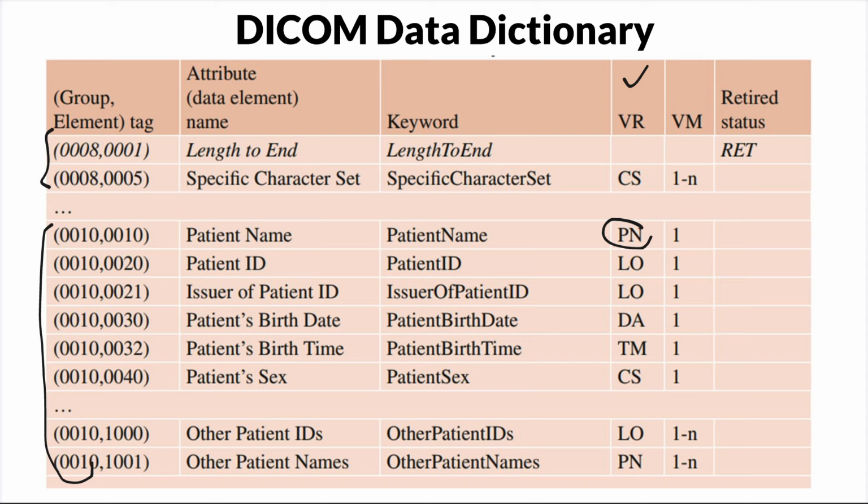So when you're reading any DICOM file, you see that it's constant throughout. That is why we said it's a standard protocol. So anywhere that you go, it should be the same. When you see 0010, that means we are talking about a patient. Then the next tag talks about a specific attribute of the patient.